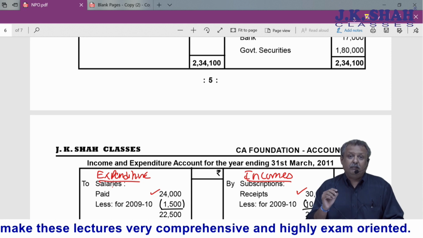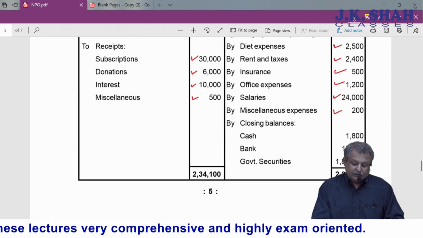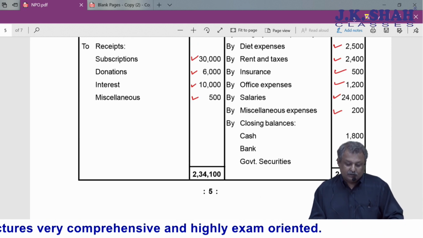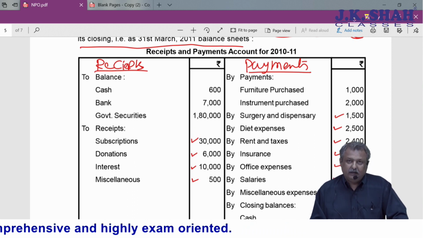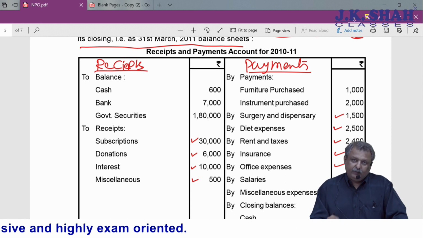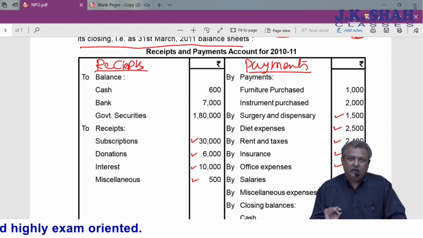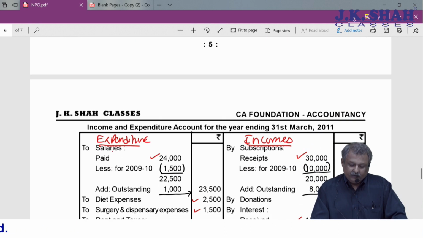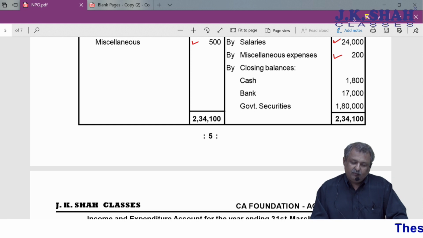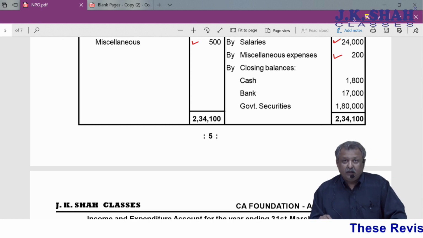rather to prepare balance sheet from receipts and payments and income and expenditure. Whatever are the common items, what we have put a tick mark, means the two effects are over in question itself. The receipt side and income side, all these items that we have put a tick mark, it means debit and credit effect is over in question only.